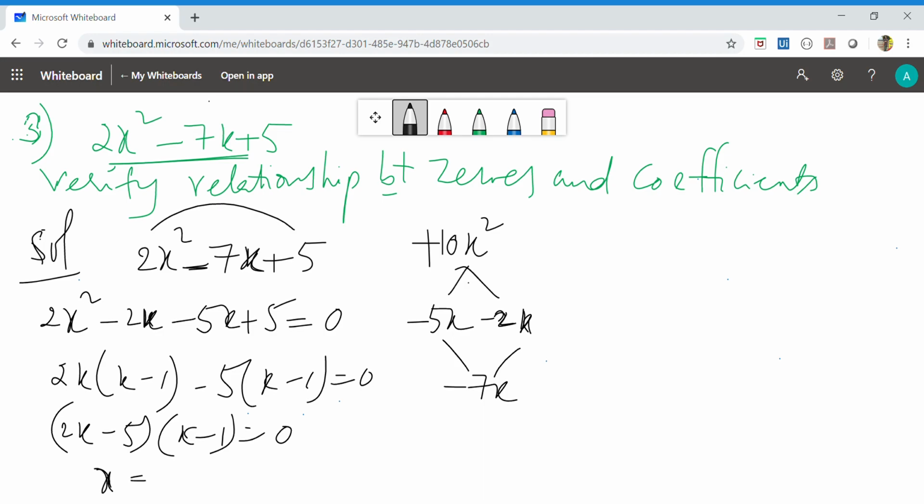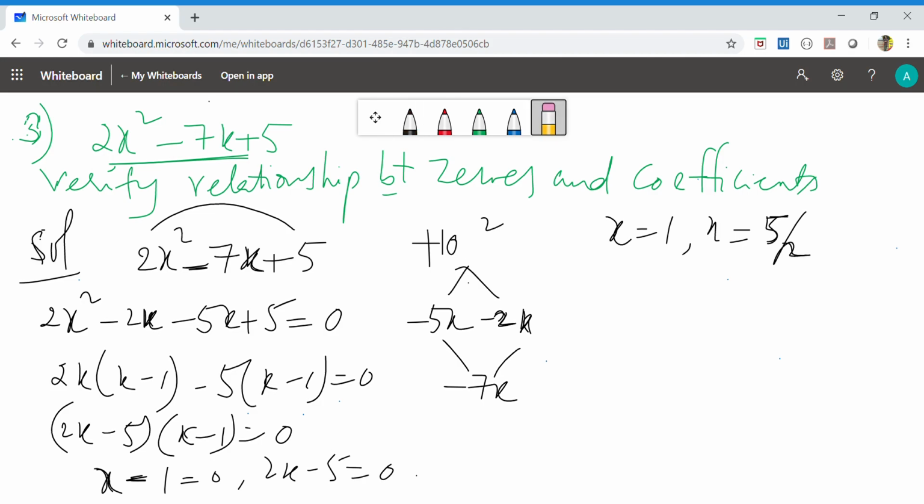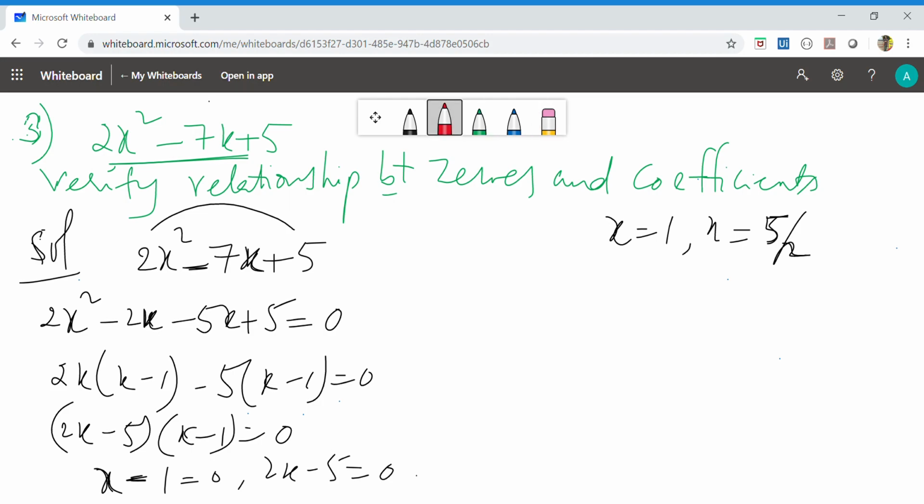So x minus 1 is equal to 0 and 2x minus 5 is equal to 0. So x is equal to 1 or x is equal to 5 by 2. That means what is alpha here? Alpha is 1 and beta is 5 by 2.